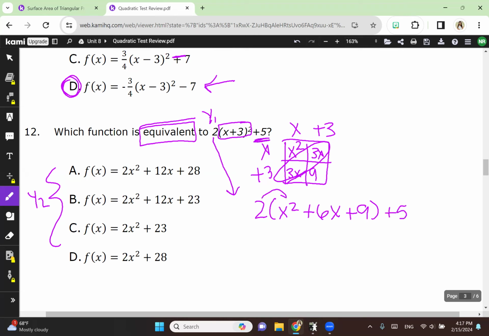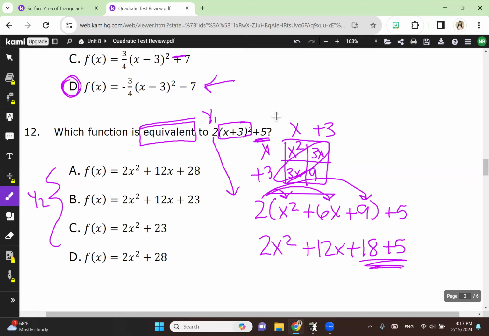After you do the box method, you distribute. So 2 times x squared is 2x squared, plus 2 times 6 is 12, and then 2 times 9 is 18. But then 18 plus 5 gives you that 23. So there, your answer is B.